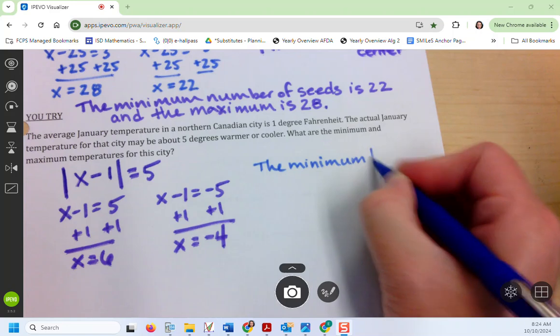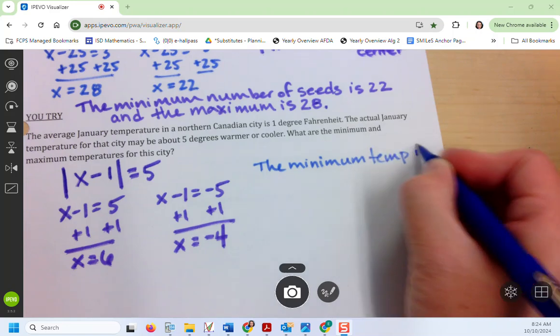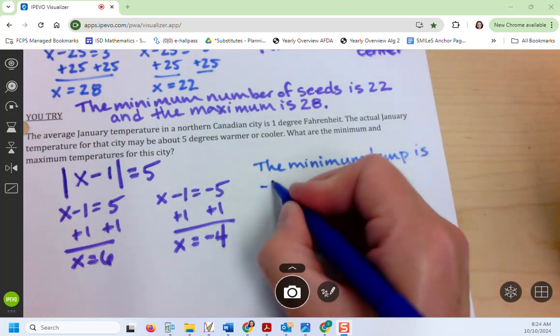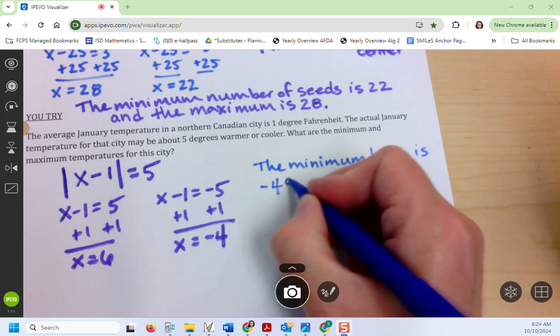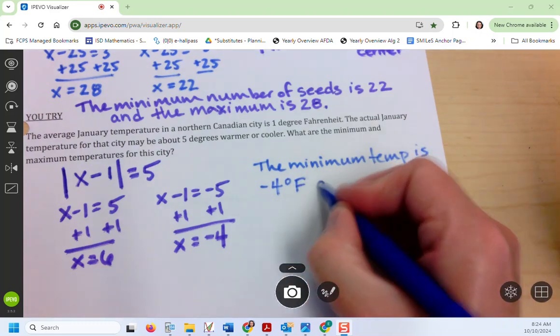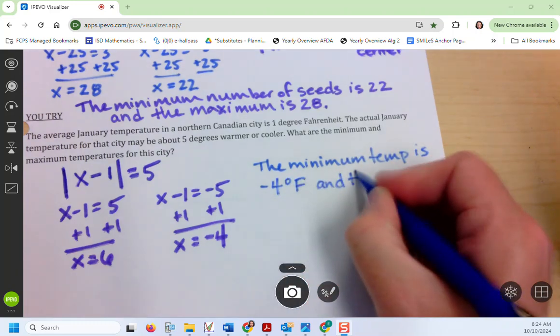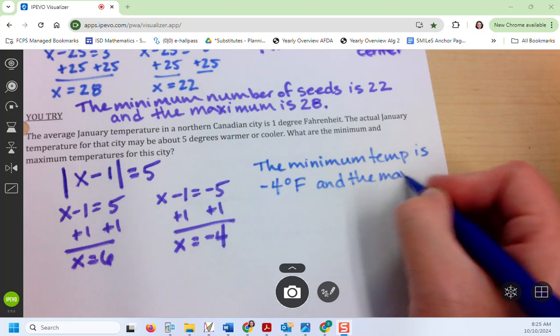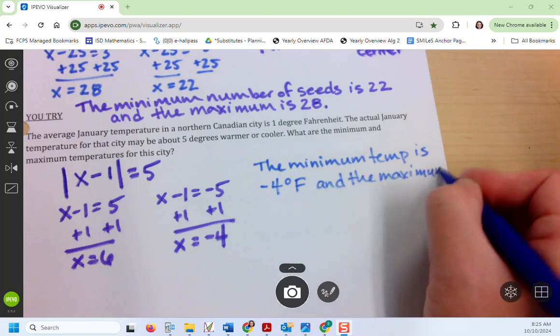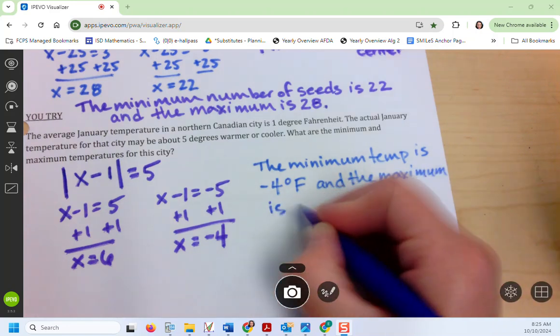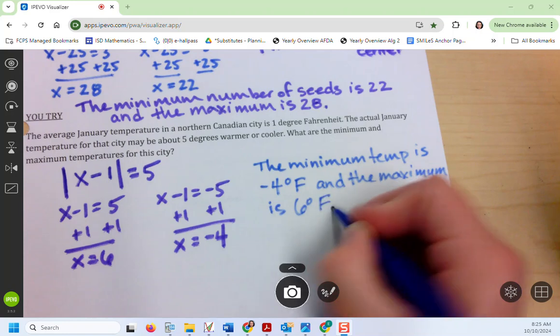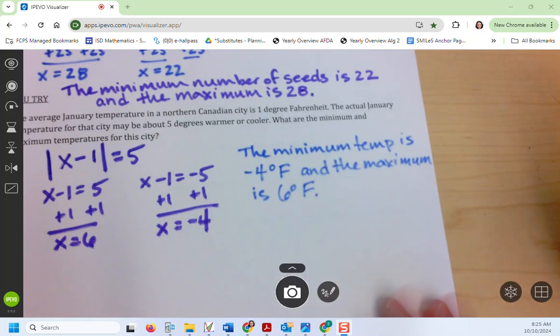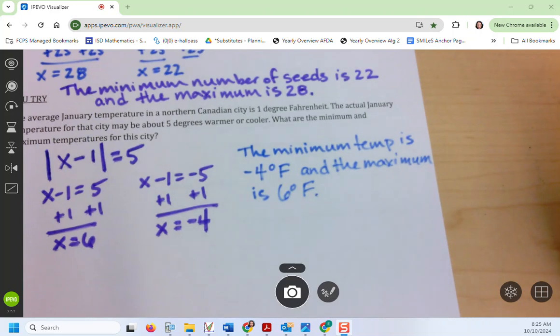The minimum temperature is -4 degrees Fahrenheit, and the maximum is 6 degrees Fahrenheit.